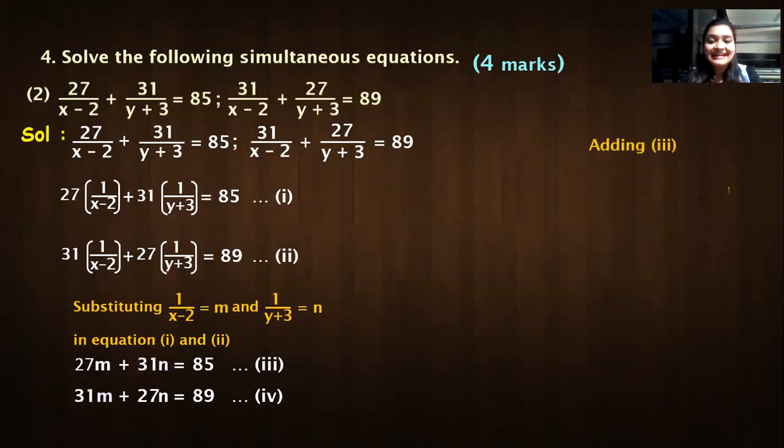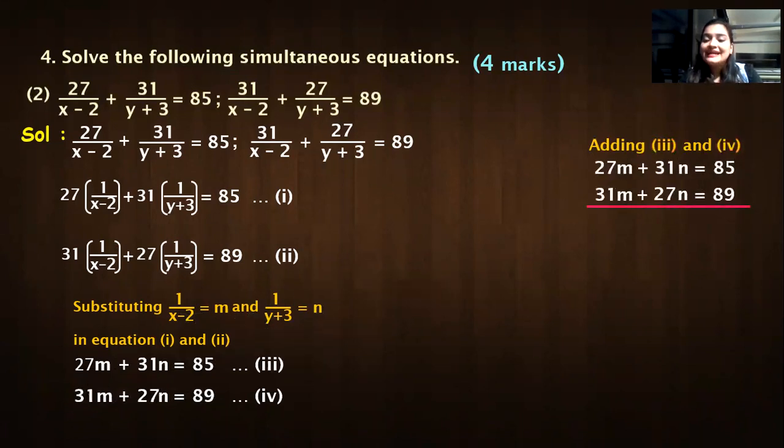So let's add equation 3 and 4 first. 27 plus 31 m will give you 58m. 31 plus 27 n will give you 58n. 85 plus 89 will give you 174.